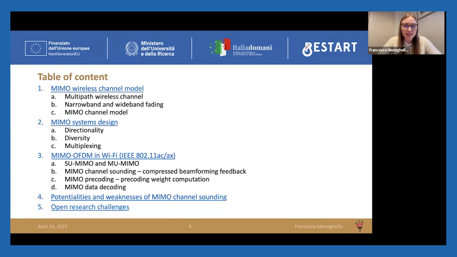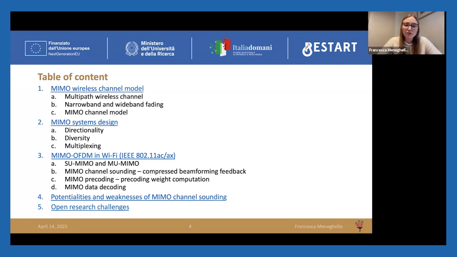Then we will move on and take a look at the benefits of using multi-antenna systems, specifically from the point of view of diversity and multiplexing. After that, we will go into the detail of how MIMO is implemented in Wi-Fi networks, following the IEEE 802.11 standard.